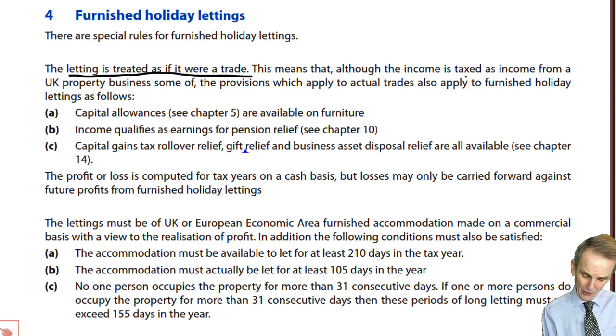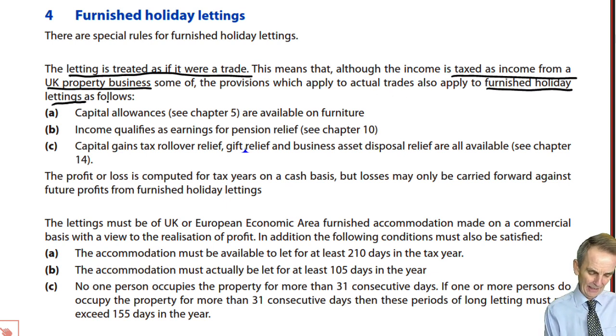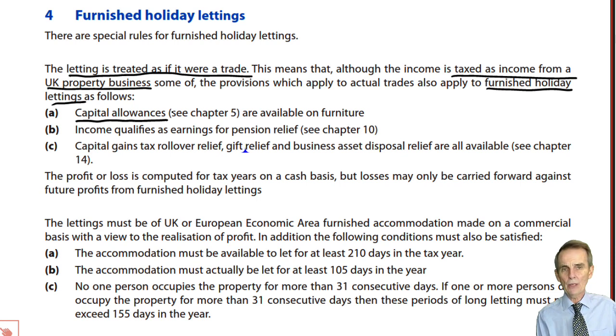This means although the income is still taxed as income from a UK property business, some of the provisions which apply to actual trades also apply to our furnished holiday lettings. Again, we do not yet know how to calculate them, but there are capital allowances, the way by which HMRC give tax relief for capital expenditure incurred, which we deal with in Chapter 5, now available on furniture.